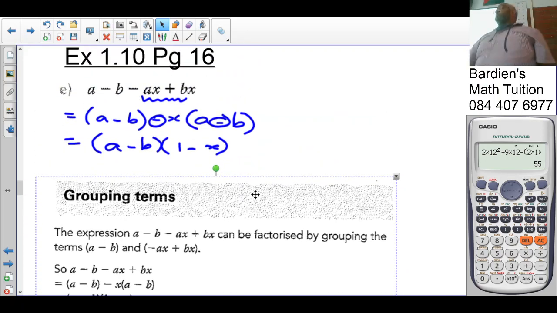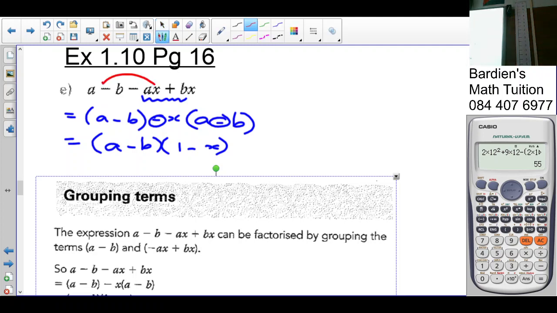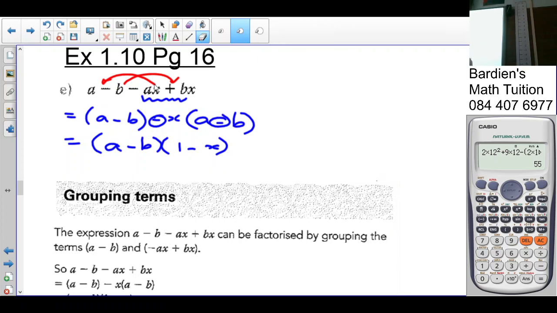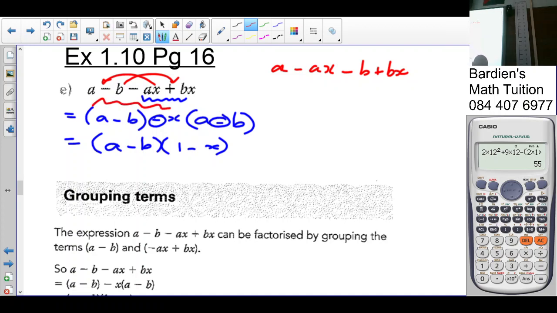There's another way of doing this. If I had put that one first and that one second, then it will be a minus ax minus b plus bx. Remember, if I swap it around and change the order here, the sign doesn't change. Only when you're taking it over the equal sign, the sign changes, or when factorizing the negative, the sign changes. You guys understand?